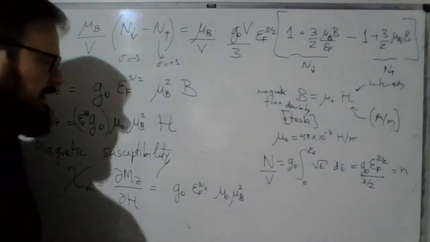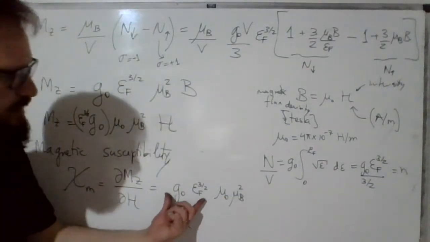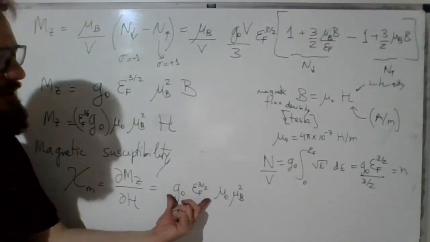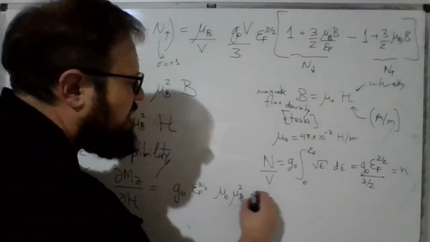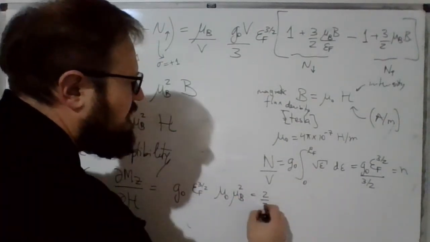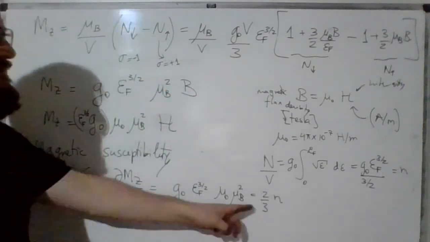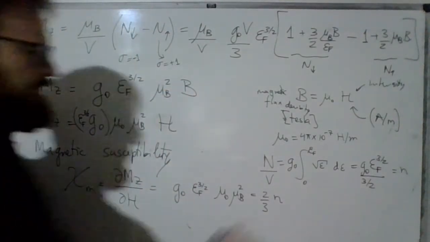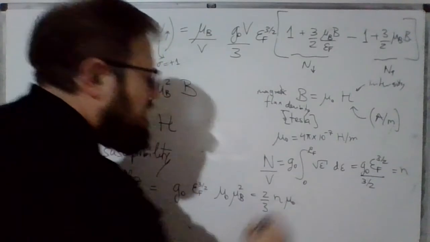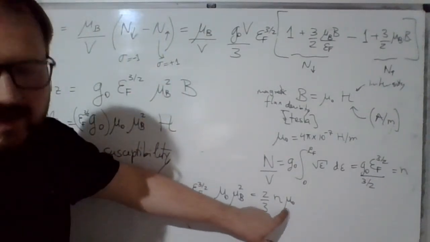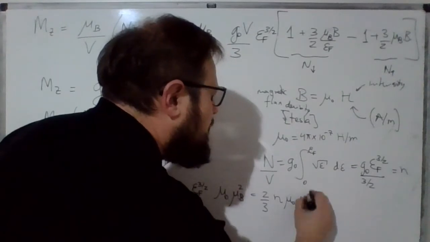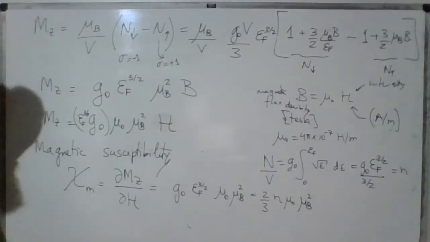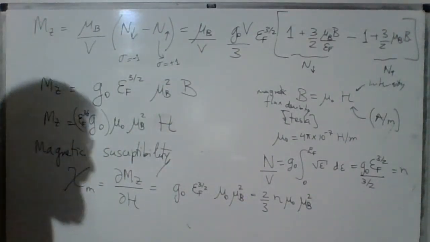So if we want to replace this object here by the density of particles, we will have 2/3 of the total density of particles, the constant of the magnetic permeability of the vacuum times Bohr magneton squared.